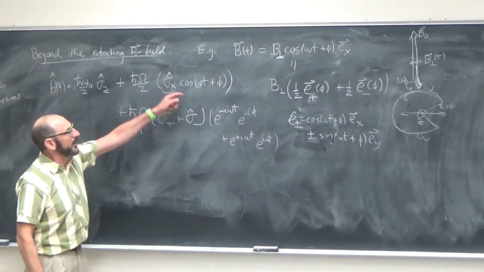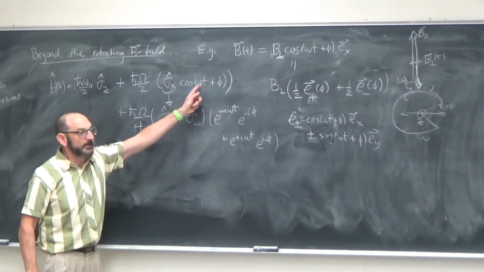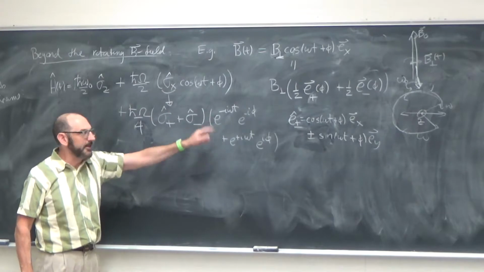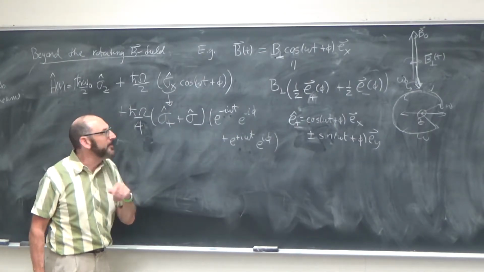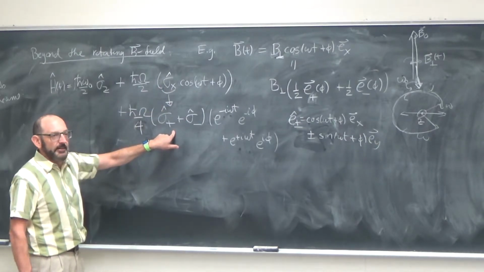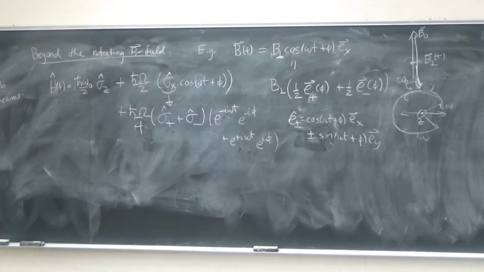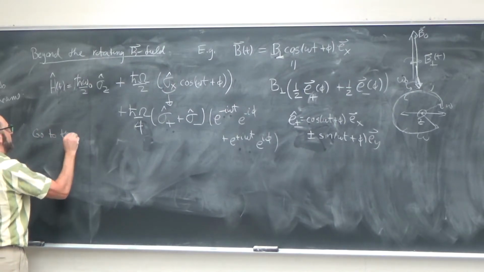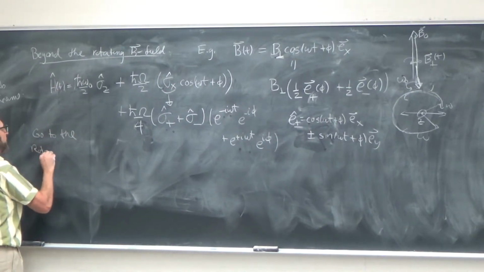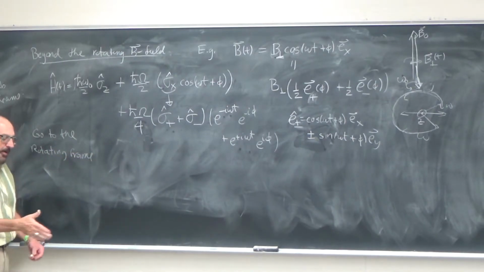So I wrote cosine as e to the plus this plus e to the minus that over 2. Is that clear what I did? And I wrote sigma x as sigma plus plus sigma minus. So now, let's go to the rotating frame. This is the frame rotating around the z-axis with the right-hand rule.